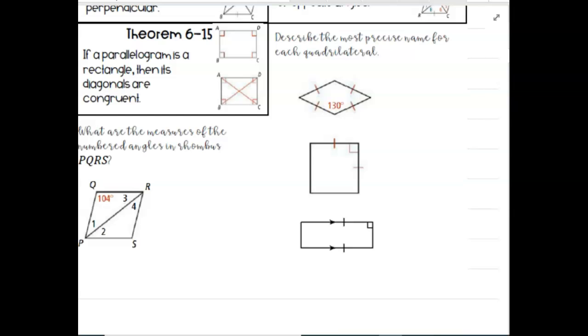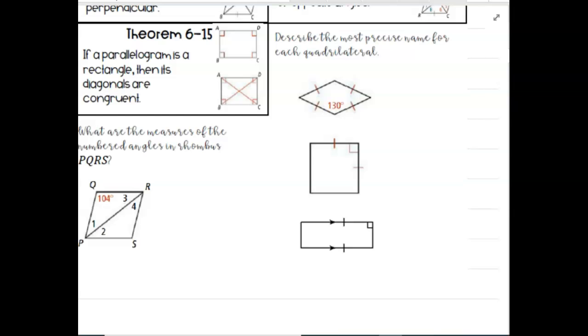If it's a rhombus, it's also a parallelogram. If it's a rectangle, it's also a parallelogram, but I couldn't go back the other direction. And then probably the most specific you could get would be a square. So if you look at something and you're like, oh, that's a square, but it's also a rhombus, you'd want to say square, because a square would be a little more restrictive, a little more specific than a rhombus, okay?